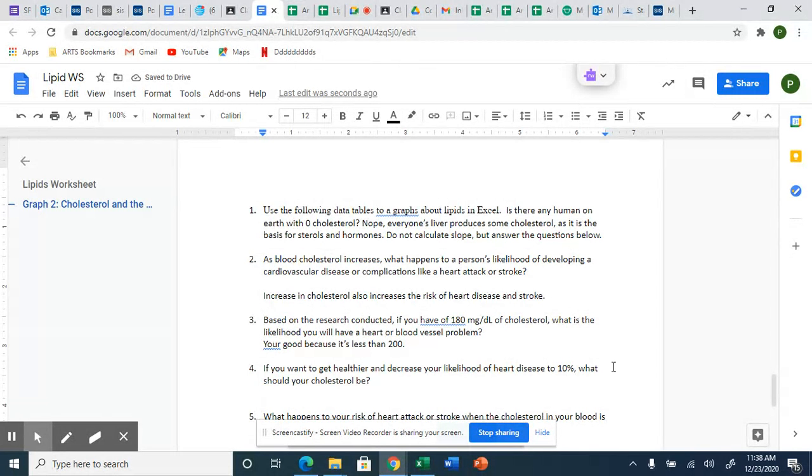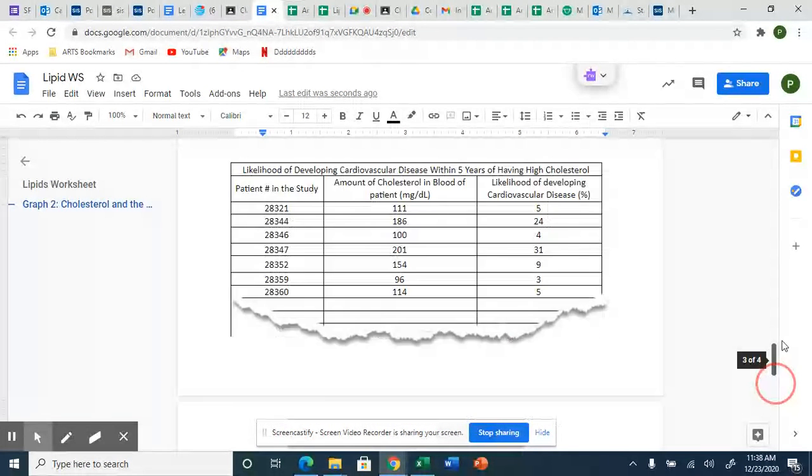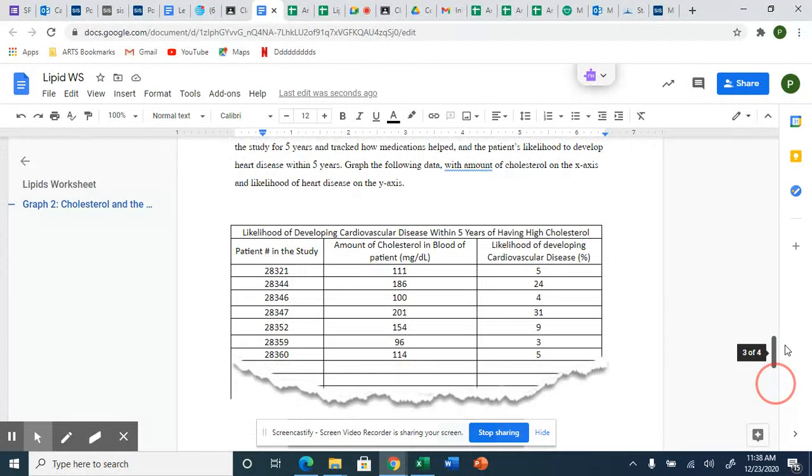If you want to get healthier and decrease your likelihood of heart disease to 10%, what should your cholesterol be? Well, let's go back up to this chart. And here, this one, 154, because 9 is closest to 10.